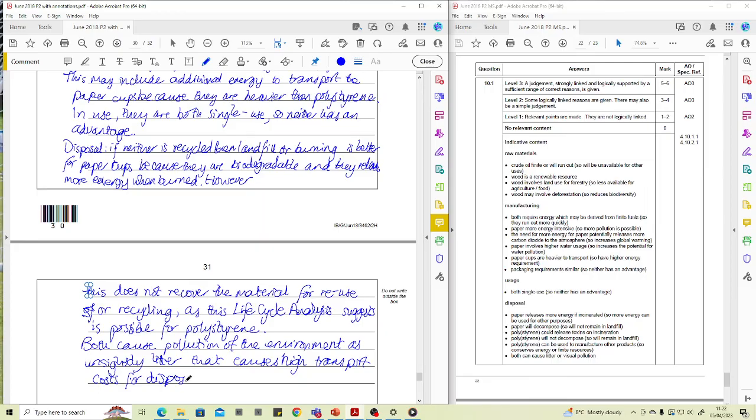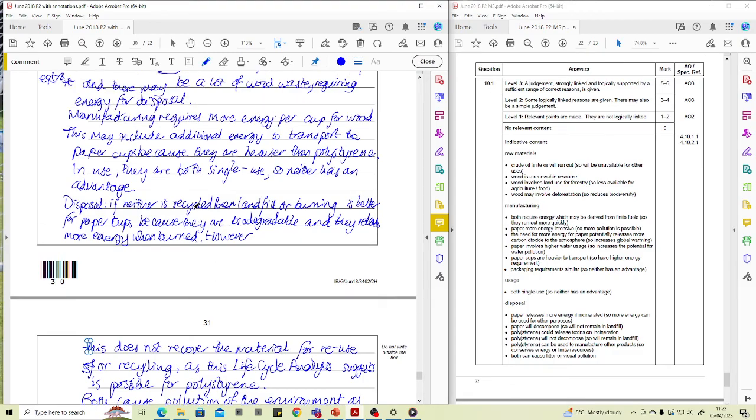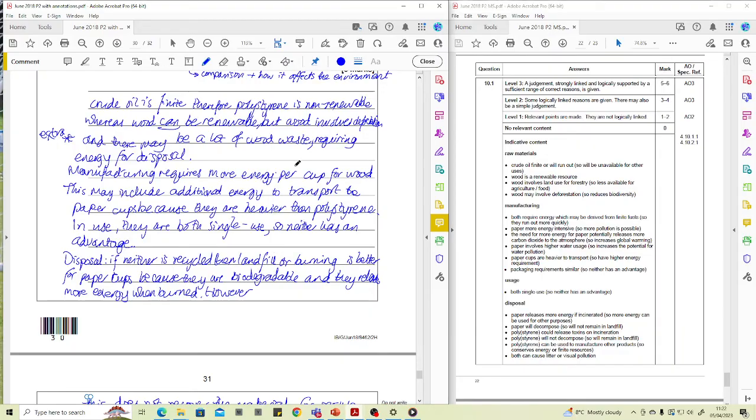Now, I'm just painfully aware that I haven't talked about climate change or global warming too much. So let's have a look. Where could I fit that in? More energy per cup for wood, additional energy. Okay, yeah, I should definitely put something in. So to say, so this increases global warming if fossil fuels are burnt.